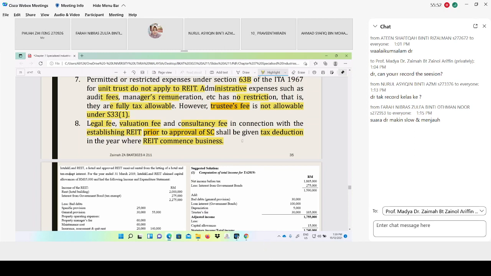But in here, these expenses, legal fees, valuation fees, consultation fees in connection to establishing REIT, that is prior to approval even. Even though that is the situation, it is given tax deduction. It is allowable to be deducted in the year where REIT commenced business. Remember that if you have this kind of expenses, it is allowable to deduct in the very same year when it commenced business.